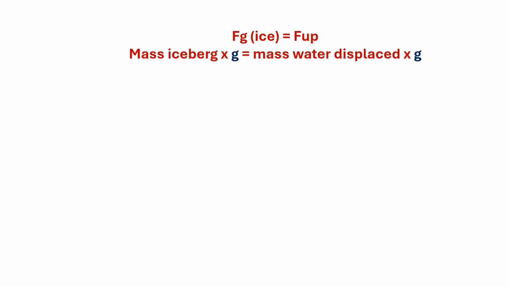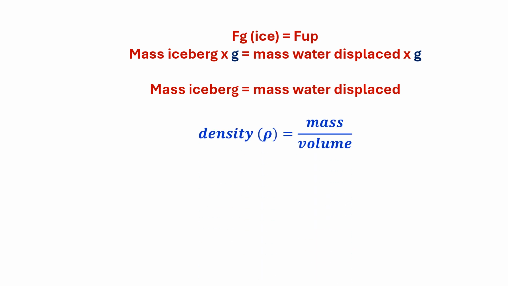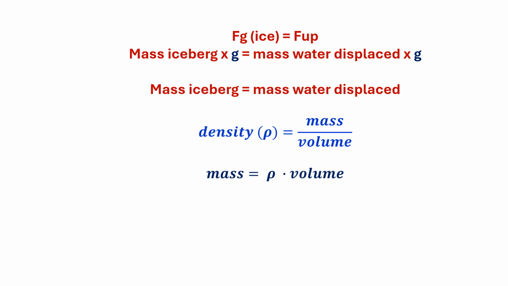We are going to cancel those two g's. Then what is left is the mass of the iceberg is equal to the mass of the water displaced. We can use the density formula and rearrange it in terms of the mass, which is density times the volume.